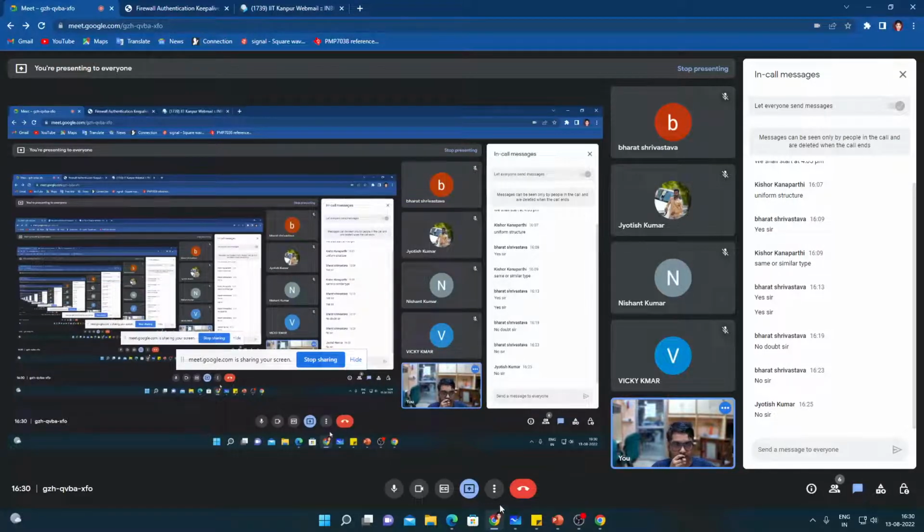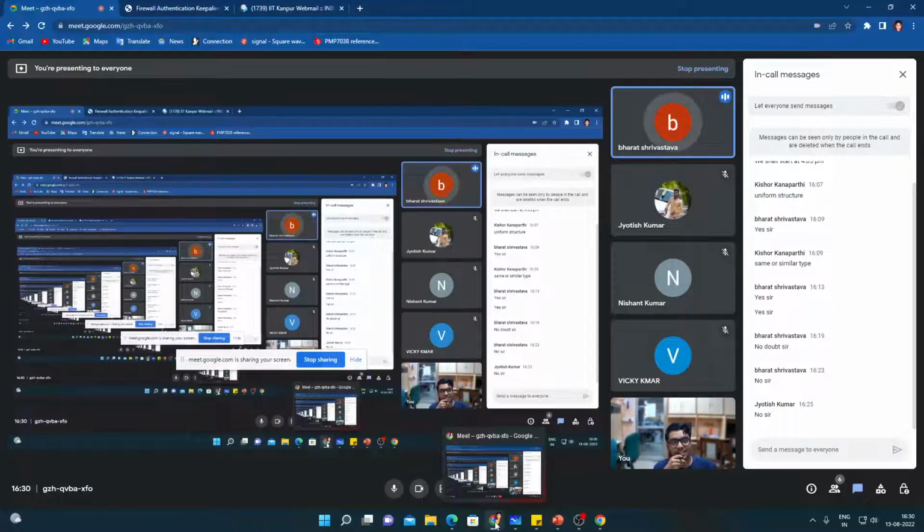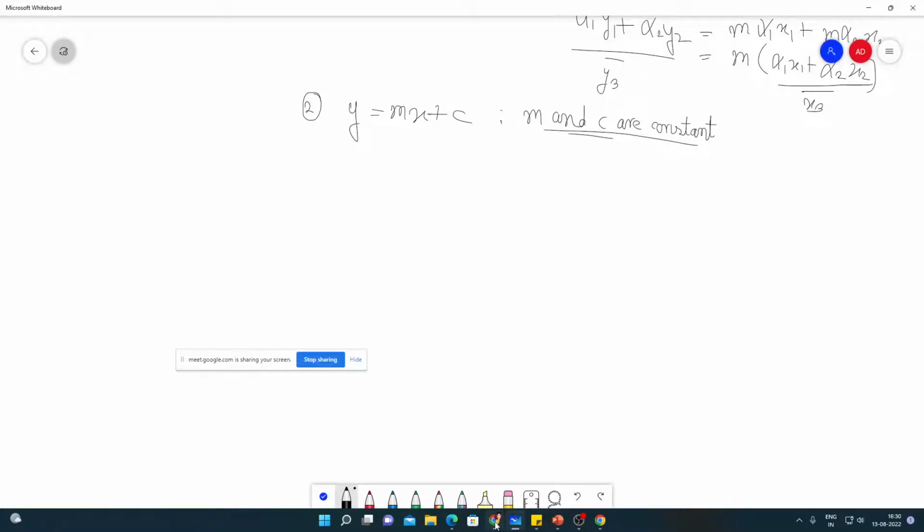Anyone? Sir, it is not a linear system. Because if we take the input quantity as x and multiply with a certain constant, we will get output that is equal to max plus c. But if we multiply the output with the same quantity, then we will get max plus ca.